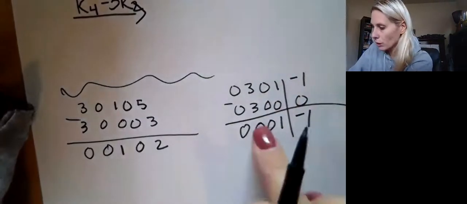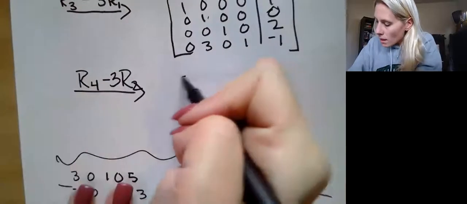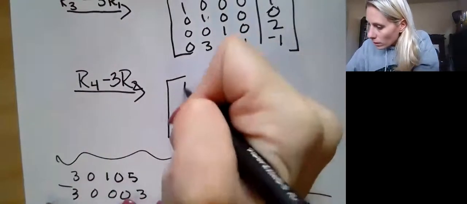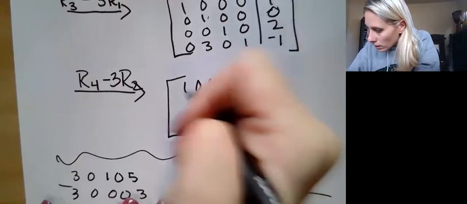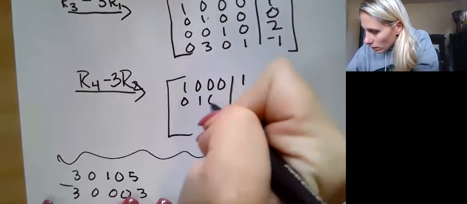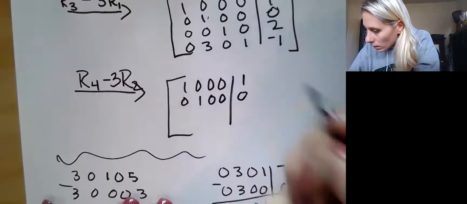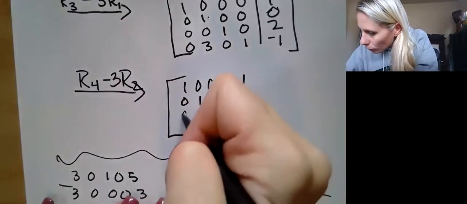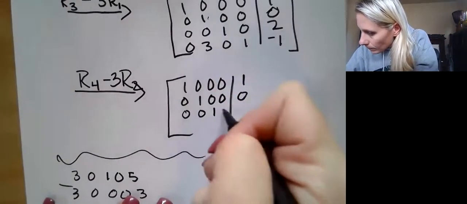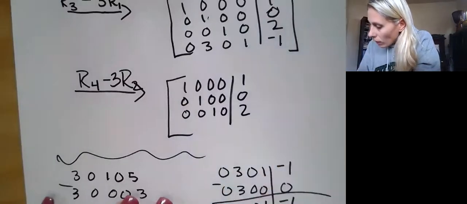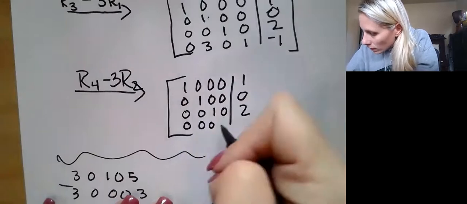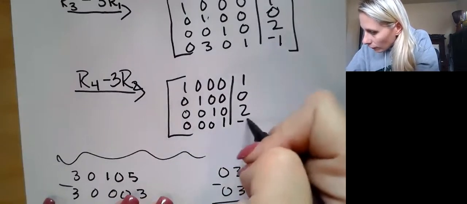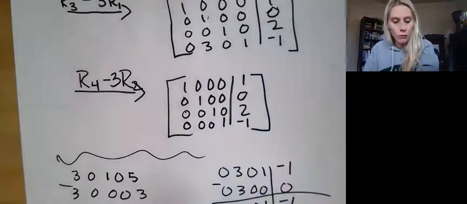So that is our new row 4. Okay, row 3 is the same. And row 4, 0, 0, 0, 1, negative 1. And we are in reduced form.